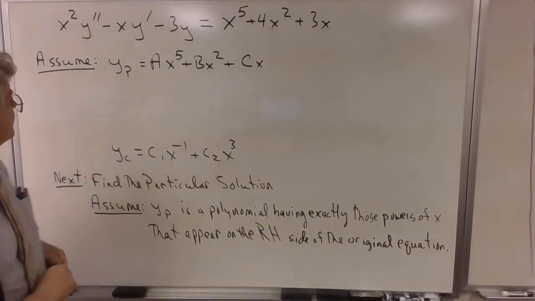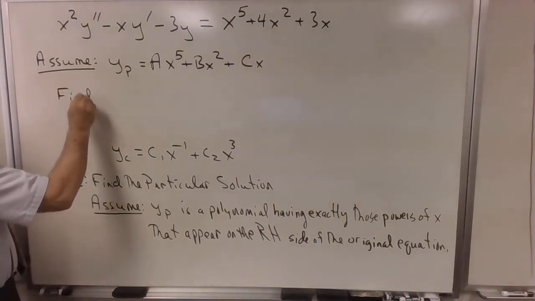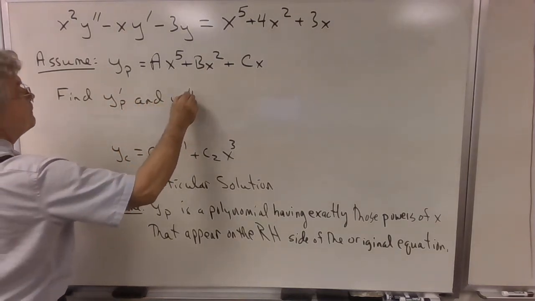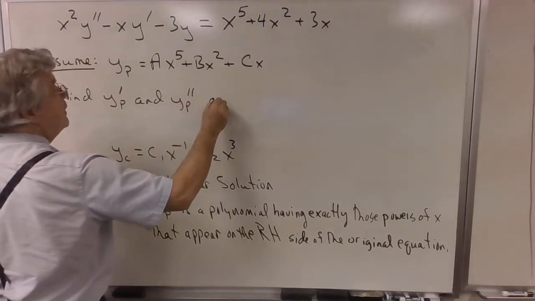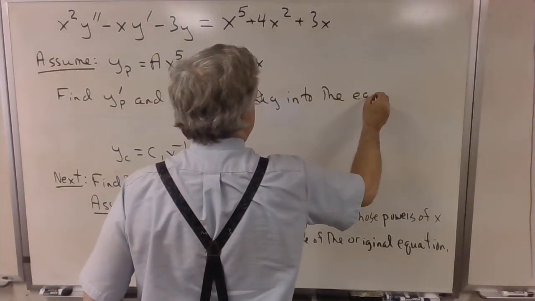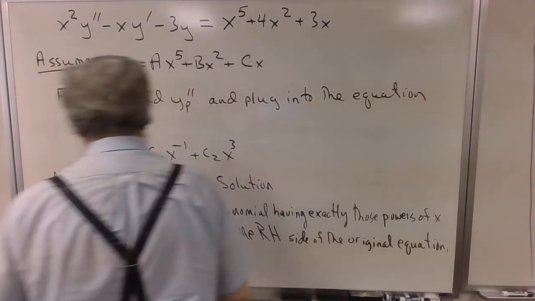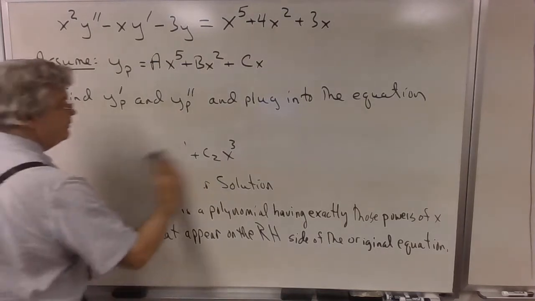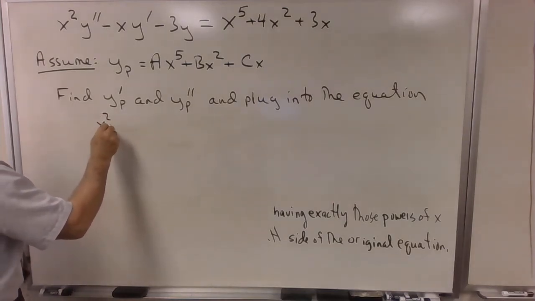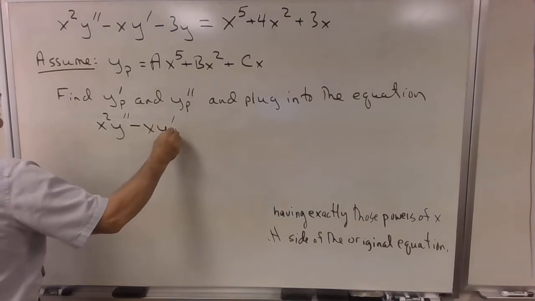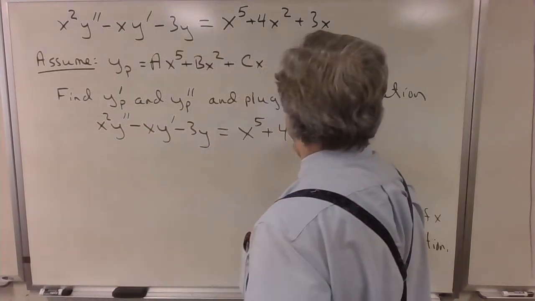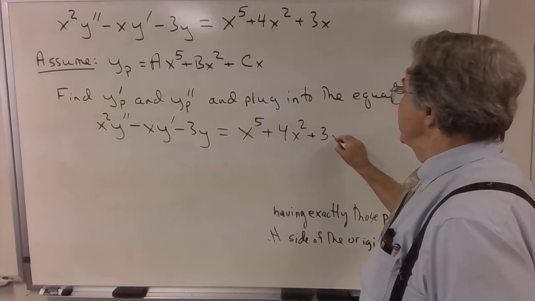And to do that, we'll find the first derivative and the second derivative, and we'll plug these into the original equation: x squared y double prime minus x y prime minus 3y equals x to the fifth plus 4x squared plus 3x.